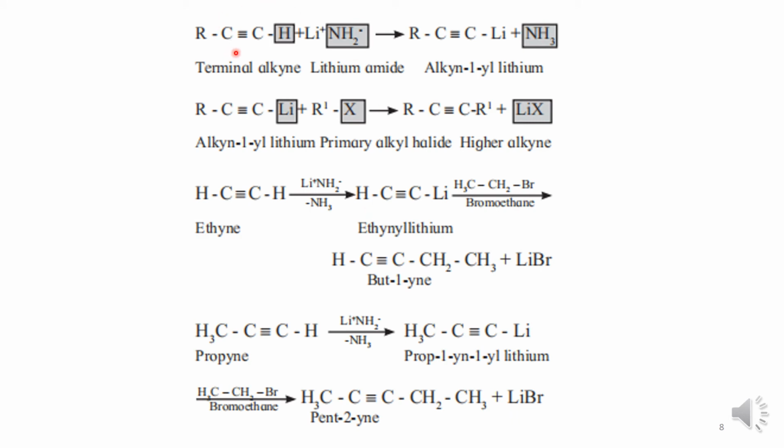So, this is the terminal alkyne. Why? Because this hydrogen is bonded to the carbon having a triple covalent bond with this carbon atom. Lithium amide is treated with this terminal alkyne.